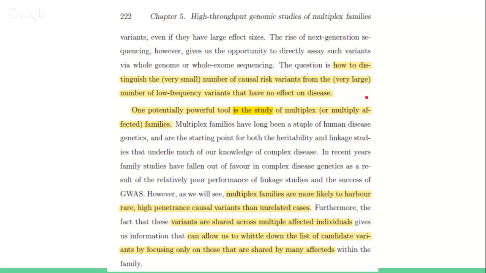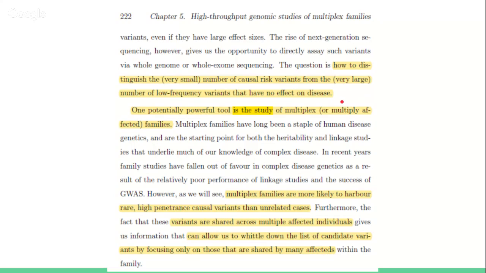As we discussed previously, a comparison of height between people in the Netherlands and people in Italy could simply point to population stratification, with the Dutch having slightly different frequencies of some of these low frequency variants than Italians, completely unrelated to height. It's the same here. How do we distinguish the very small number of causal risk variants from the very large number of low frequency variants that have no effect on disease?